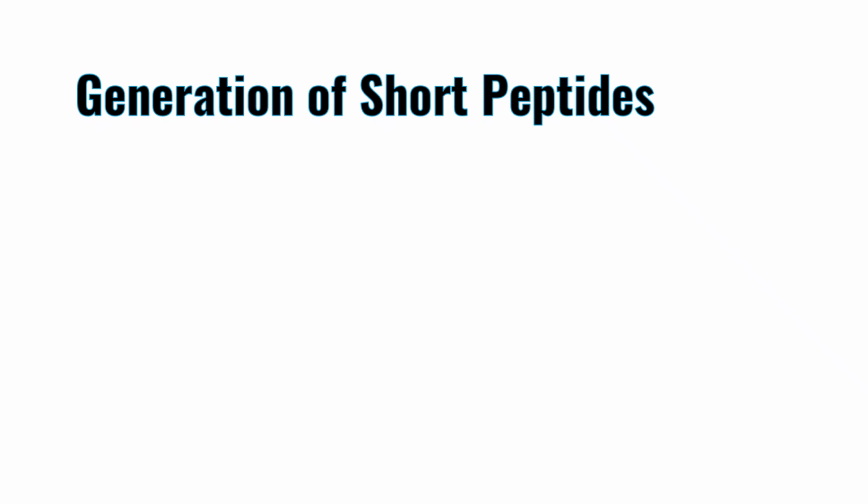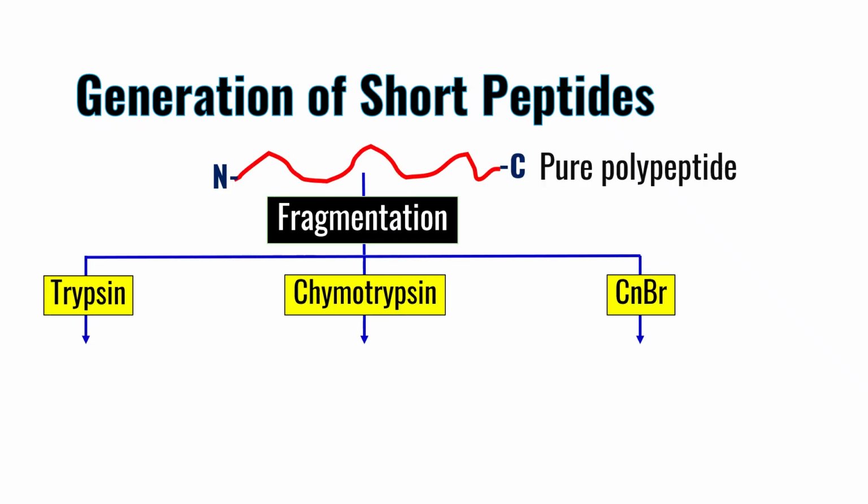So you have seen that in both cases short peptides are used. So how are they generated? They are generated using specific chemicals and enzymes such as trypsin, chymotrypsin or cyanogen bromide.